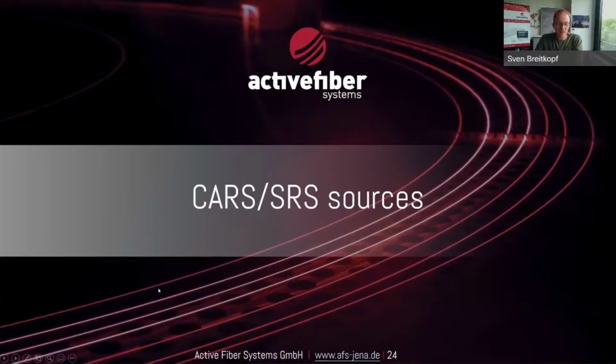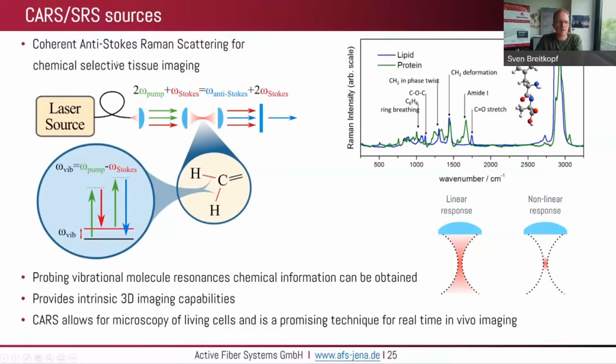Okay, some more words on imaging, but in this case, CARS and SRS sources. So coherent anti-Stokes Raman scattering and stimulated Raman scattering. The idea here is you use basically 2 wavelengths, and the difference between them is what excites your probe, what you want to look at.